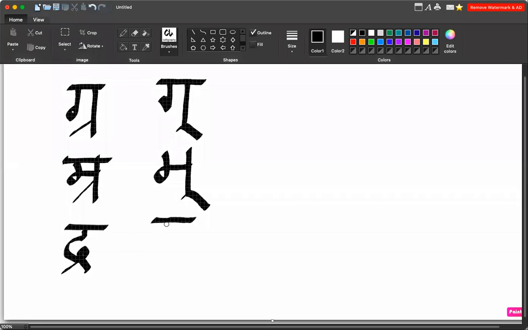So while you're writing this letter in Sharda with Ra, now this does not have a straight line where you could attach this Ra. What we do here is we write the Ra similarly. We start on the left hand side, touch the curve at the bottom, then take it towards the right hand side. So this is how you would write it.